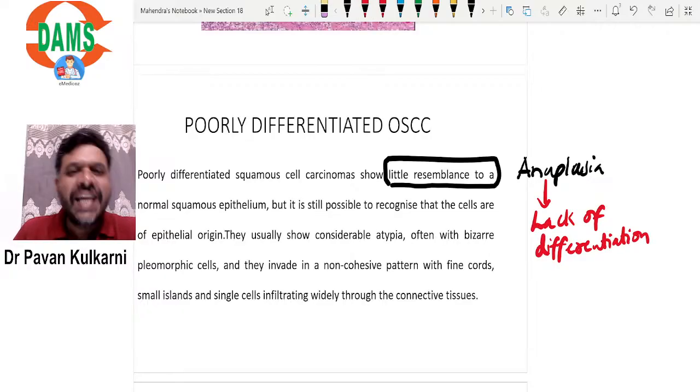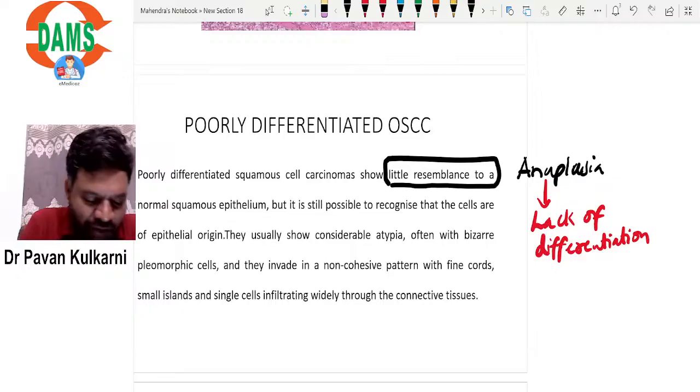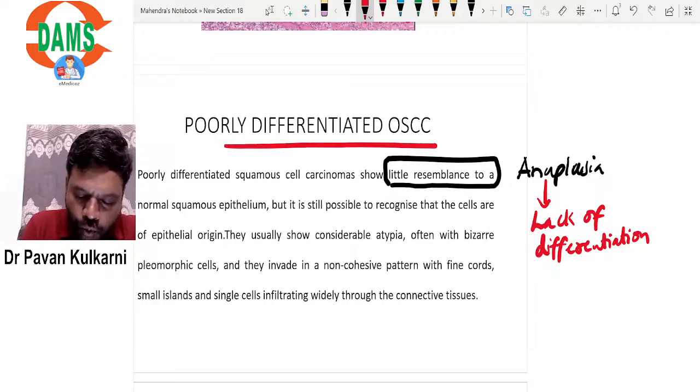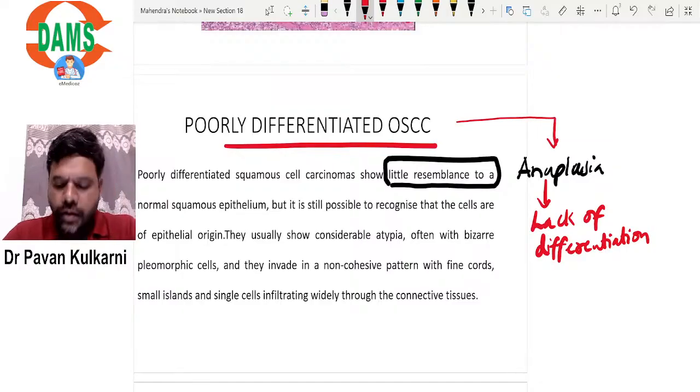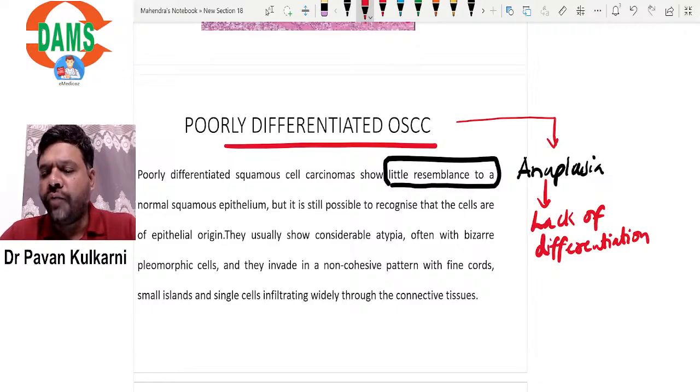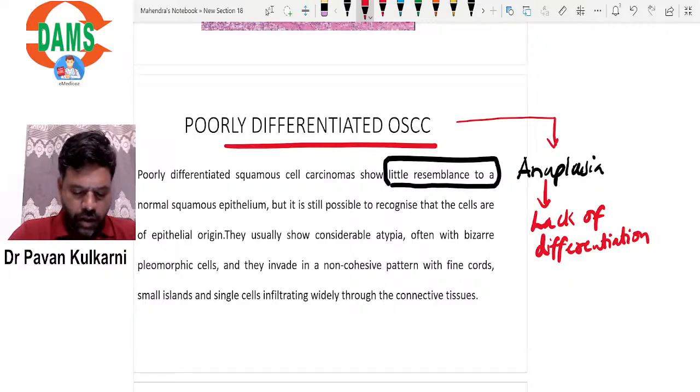So logically speaking, compared to the well and the moderately differentiated squamous cell carcinoma, poorly differentiated squamous cell carcinoma is the one which will show more anaplasia.